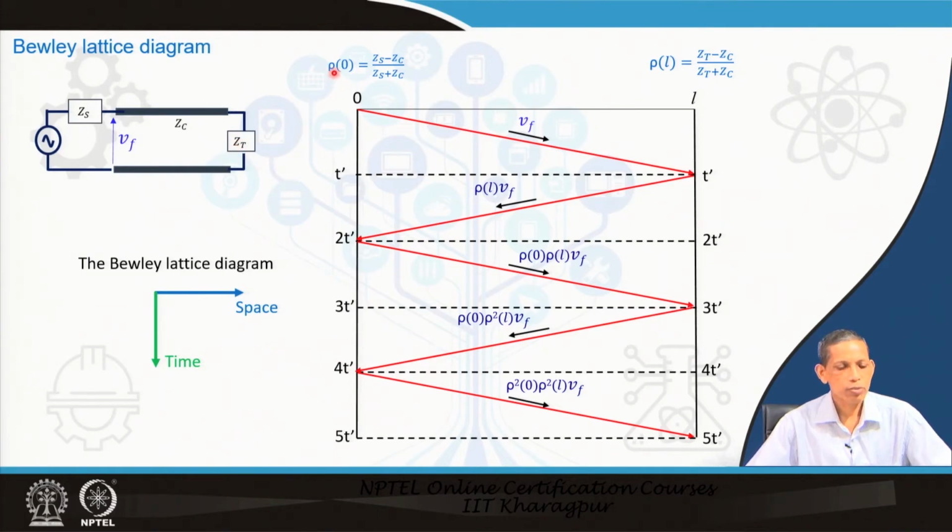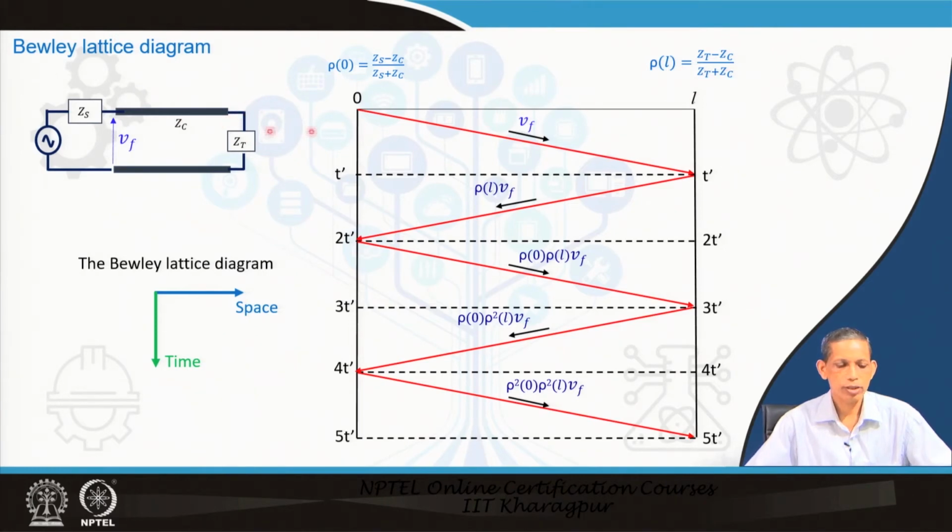So we have a reflection coefficient at zero distance, the observation point, equal to (Z_s minus Z_c) upon (Z_s plus Z_c) for this side. At the other end, the wave will be incident and will find a mismatch.